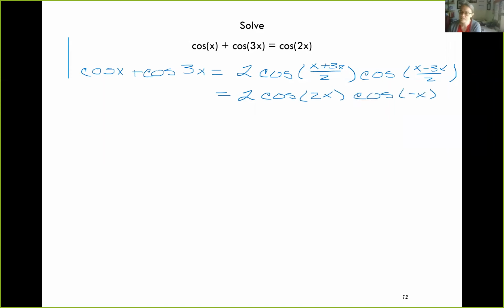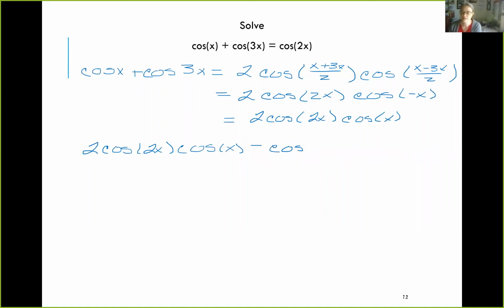Remember that cosine is an even function, so the cosine of negative x is equal to the cosine of x. I'm going to rewrite that as 2 times the cosine of 2x times the cosine of x. Ooh, I like the cosine 2x. So now my equation is 2 times the cosine of 2x times the cosine of x equals cosine of 2x.